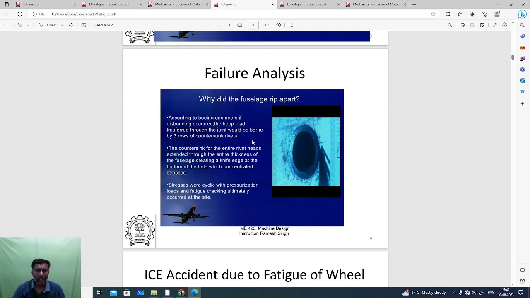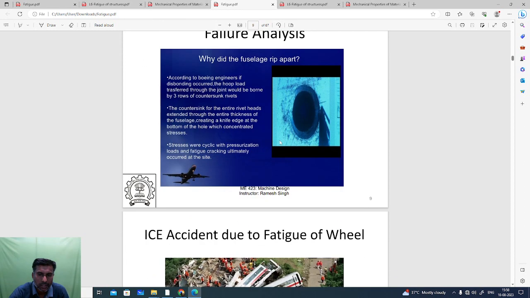The countersunk rivet heads extended through the entire thickness of the fuselage. This creates a knife edge at the bottom of the hole which concentrates stress, so that the stresses were cyclic with the pressurization load and fatigue cracking ultimately occurred at this site. The final result is that the flight failed. See that part, that is the hoop.